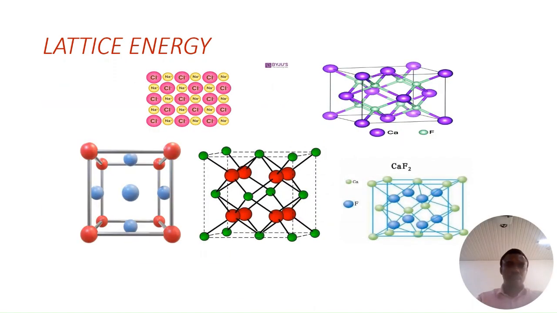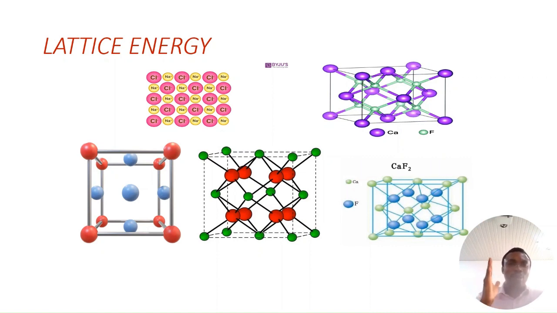Thank you. As you can see, these are the lattice structures of ionic compounds. These are what we call giant ionic lattices. A lattice is the arrangement of atoms, molecules, or ions in a regular repeating pattern.